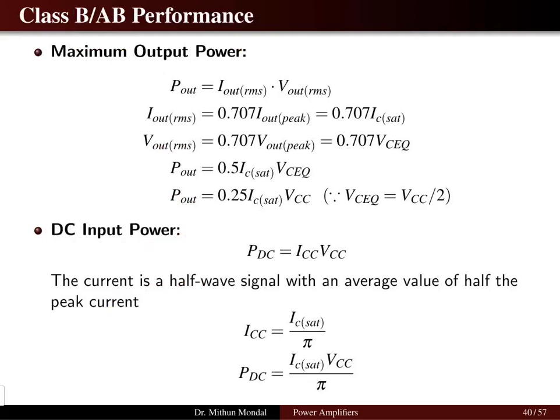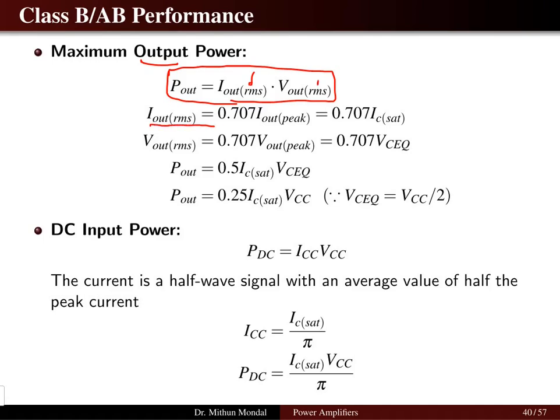Now we will compute the power and the other significant parameters of class B and class AB amplifiers. Power output is the product of the output current and output voltage in RMS.